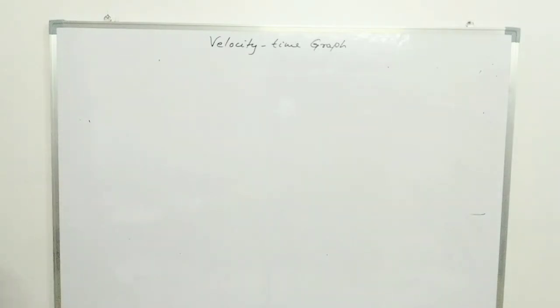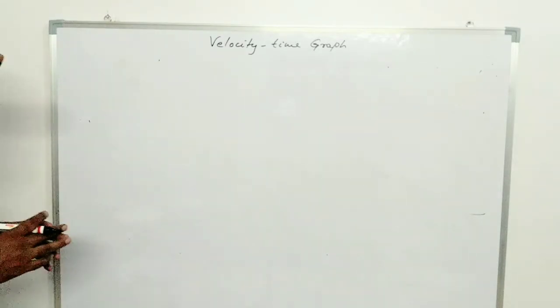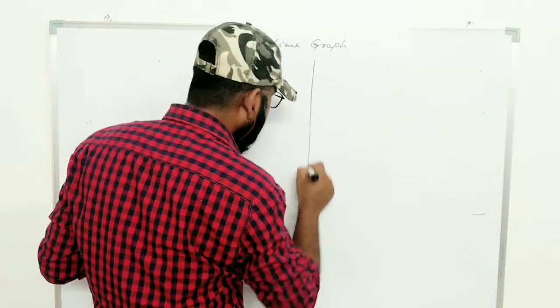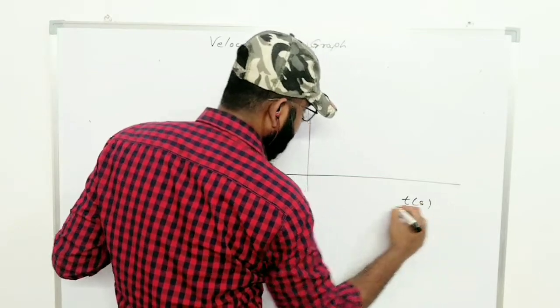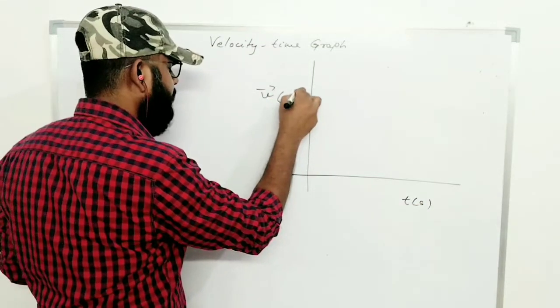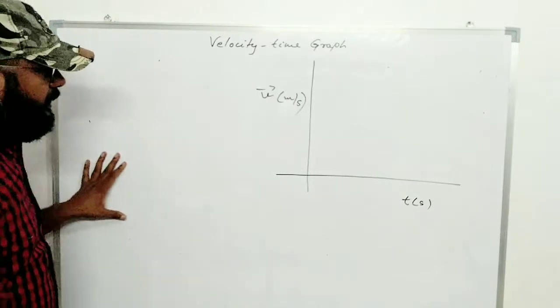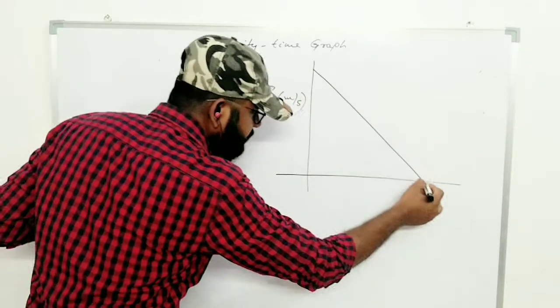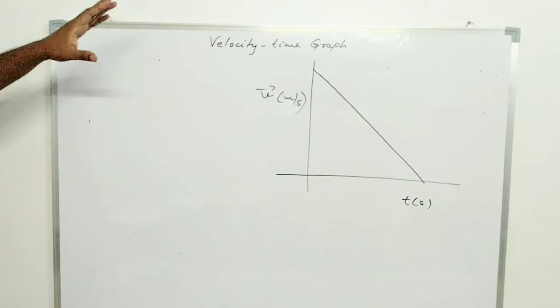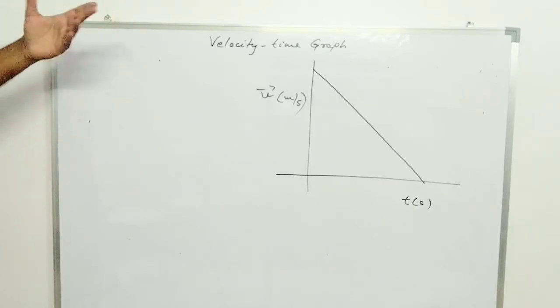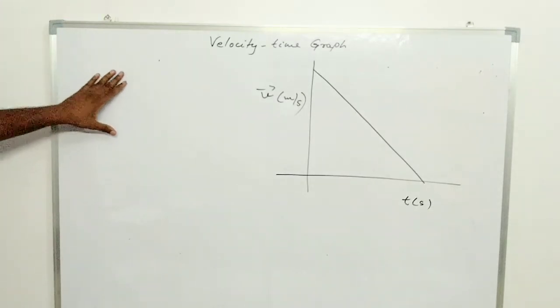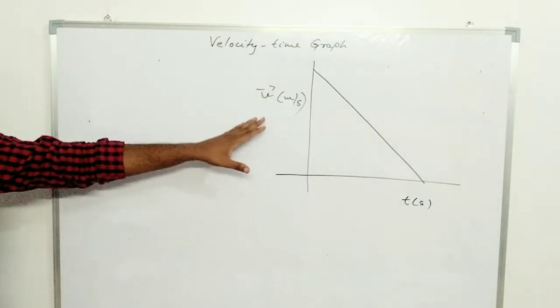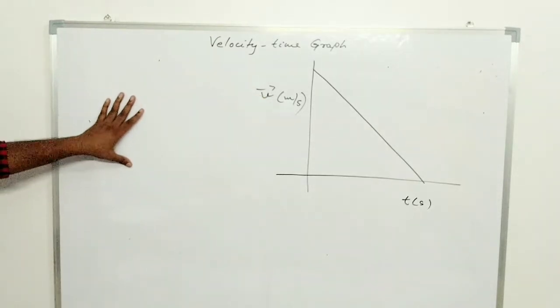It means it is undergoing uniform retardation. Then how will the graph be made? In second. Then the graph is like this. Okay, when the body is uniformly retarded, in this case this is a straight line with negative slope. Okay, got it?